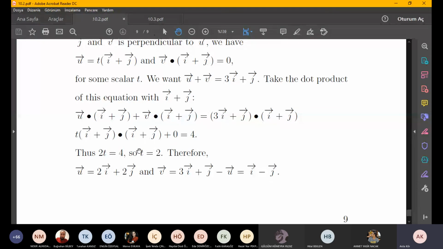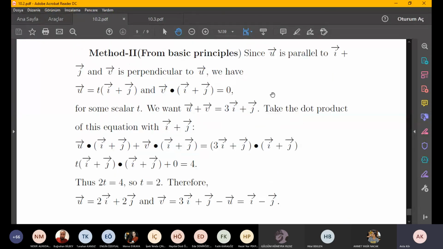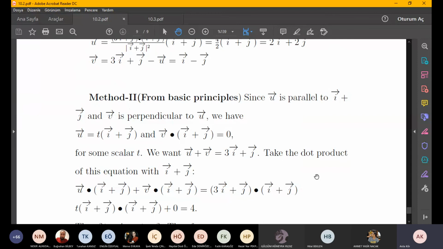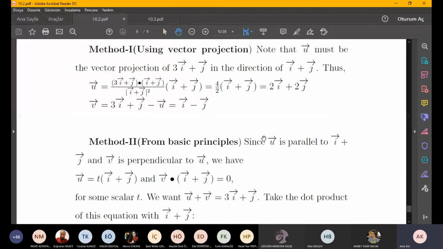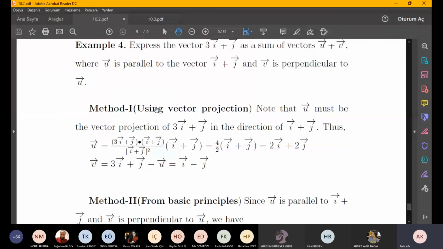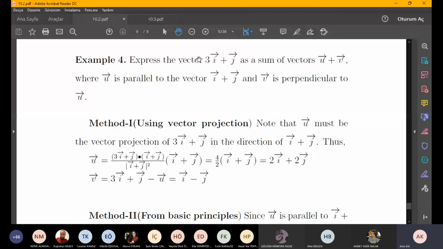So this will be the second method, which is much longer than the first method to see 3i plus j as a sum of u plus v with those rules. If you use vector projection, it is much easier to find u and v, of course.